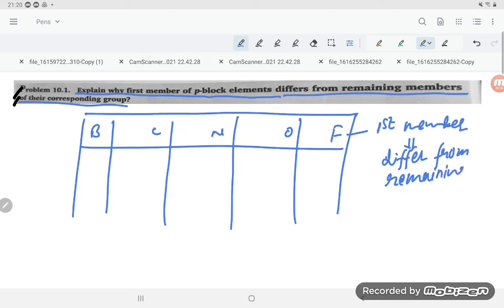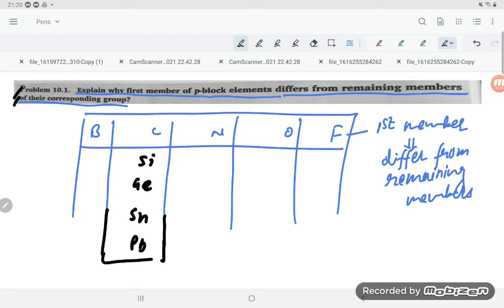So how does it differ from the remaining members, student? Like you see, boron is there, carbon, silicon, germanium, tin, lead, okay, these elements are there.